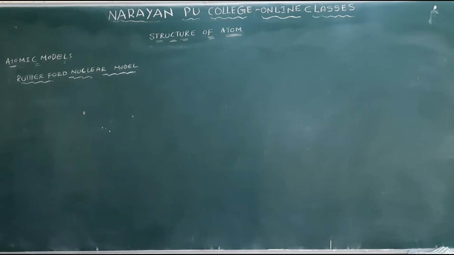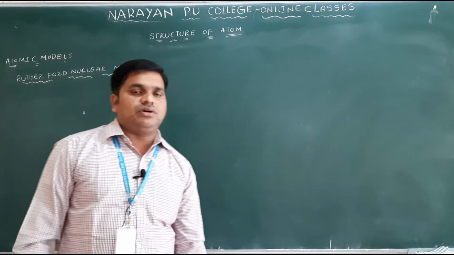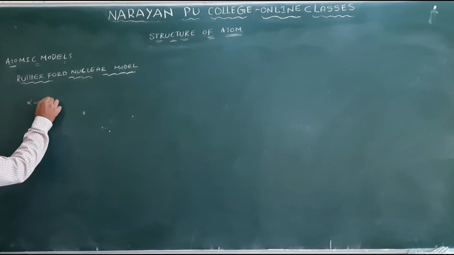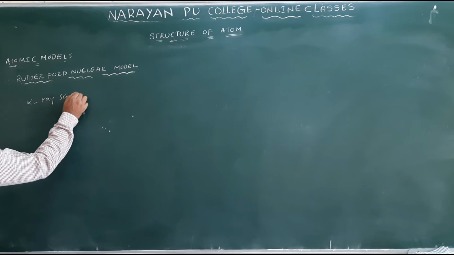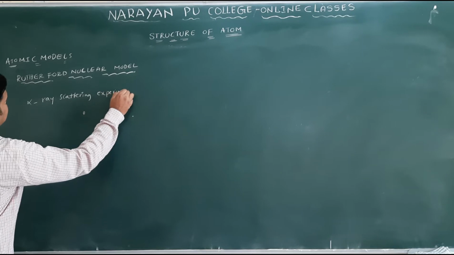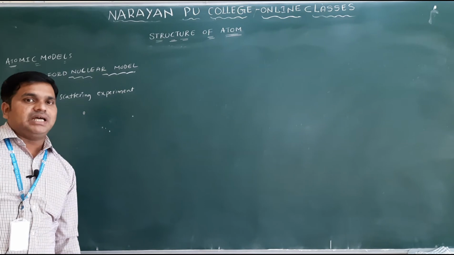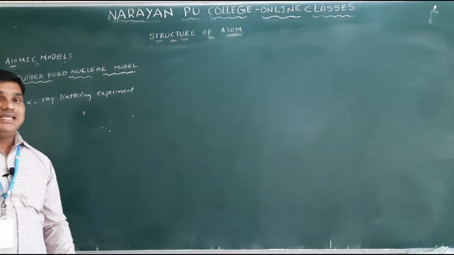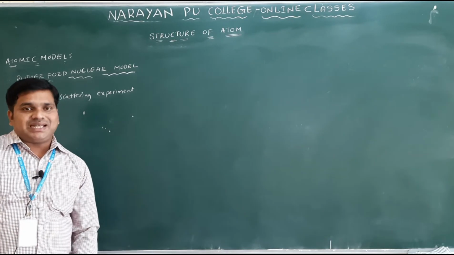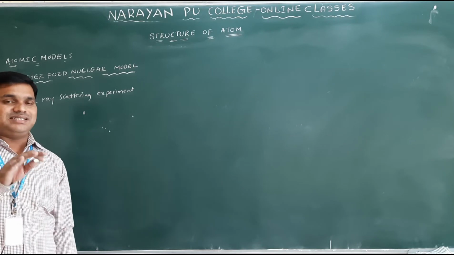The next model we have is the Rutherford nuclear model. This Rutherford nuclear model is mainly based on the alpha ray scattering experiment. Here we take alpha particles from the source. These alpha particles are passed through a slit of a lead plate directed at the gold foil, and the gold foil is surrounded by a circular, movable zinc sulfide screen.